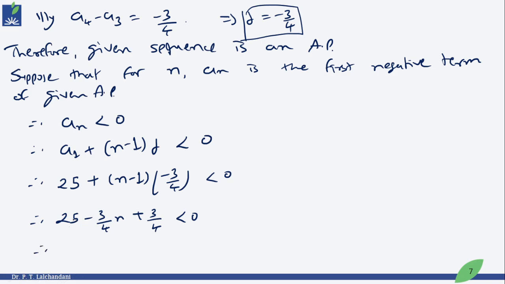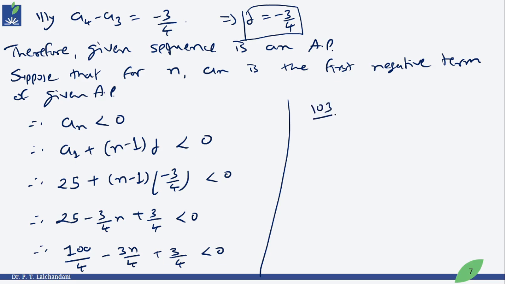So this will be 25 into 4, that is 100 divided by 4, minus 3n upon 4 plus 3 by 4, which is less than 0. Right? Now see here. The denominator of the first and third term is the same, 100 by 4 plus 3 by 4. So it is 103 divided by 4 minus 3n upon 4 is less than 0.